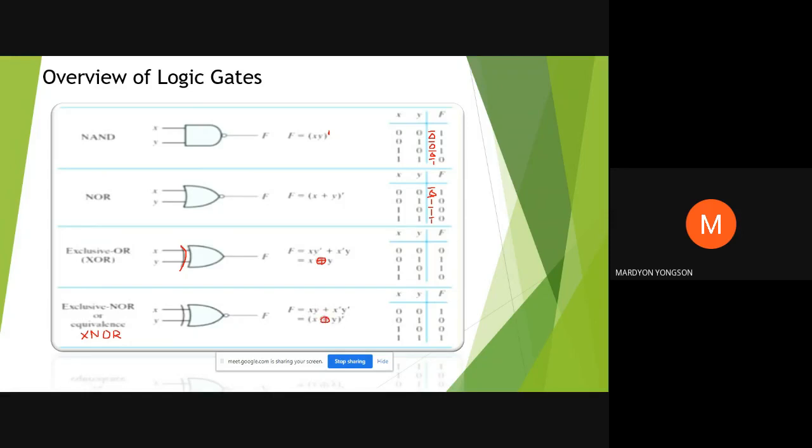So dito naman, siya yung opposite ni XOR. As you can see, kapag parehas yung input niya, ang answer will always be 1 or true. So 1 plus 1 equals 1, 0 plus 0 equals 1. And then pag magkaiba yung input, we have x 0, we have y 1, so 0 yung answer.